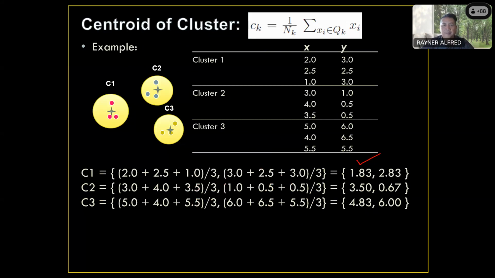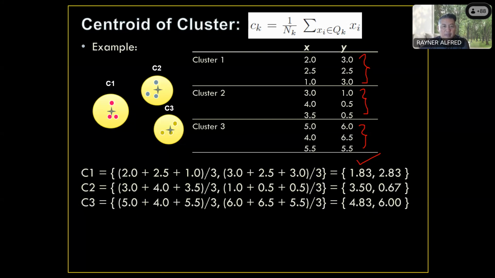Okay. So let's go over this one example here. So we have 3 clusters here. So each cluster here, we have 3 points. Okay. So 3 data here. Okay. So the first thing that we need to do is we need to find the center.